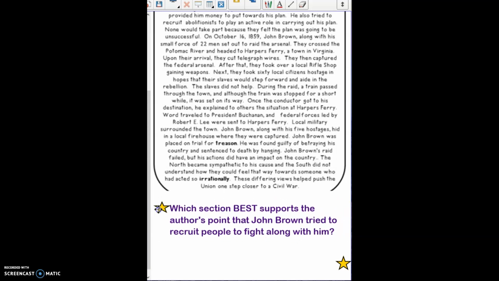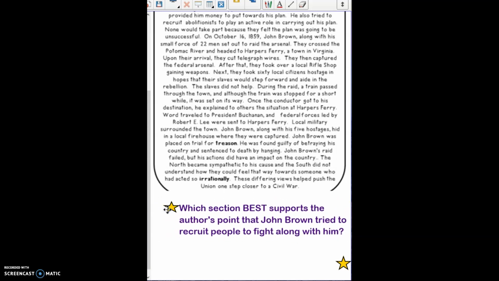So it says, which section best supports the author's point that John Brown tried to recruit people to fight along with him? Okay, so they want me to go back to the text to find the section or the part where it has evidence that is supporting the author's point here, that John Brown did try to get help.